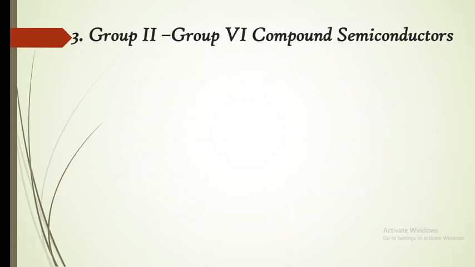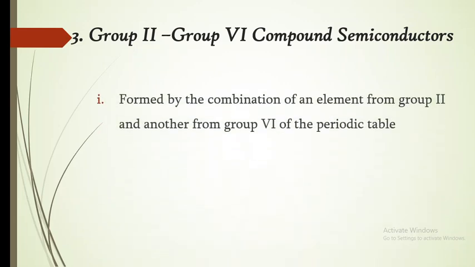Next let us move on to the next group, that is group 2, group 6 compound semiconductors. Again similar here, these semiconductors are formed by the combination of elements, one from group 2 and another from group 6 of the periodic table.